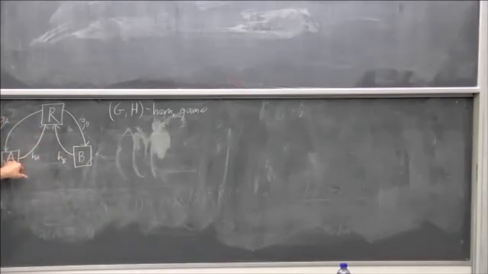The referee sends a vertex from G to Alice, she responds with a vertex of H, and similarly for Bob. They could be the same vertex or different vertices, it doesn't matter.